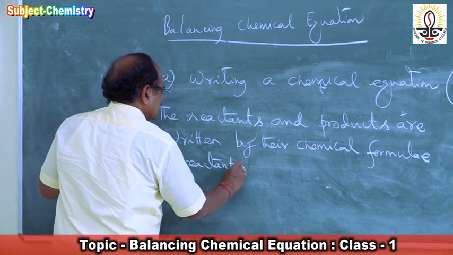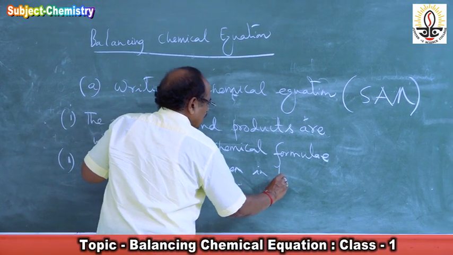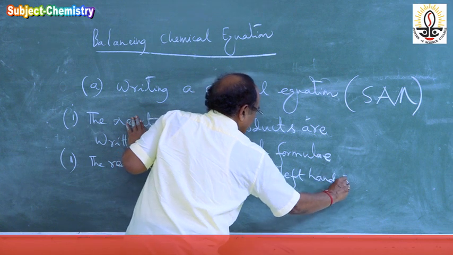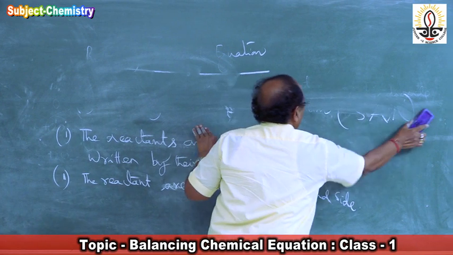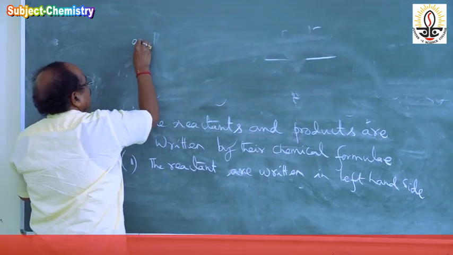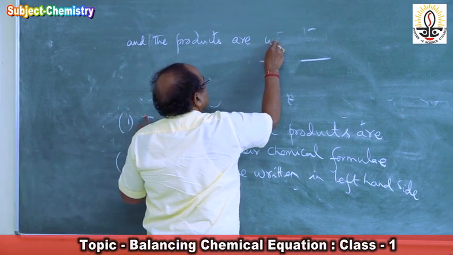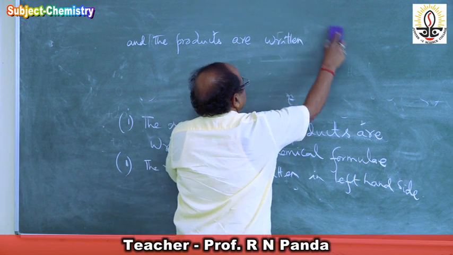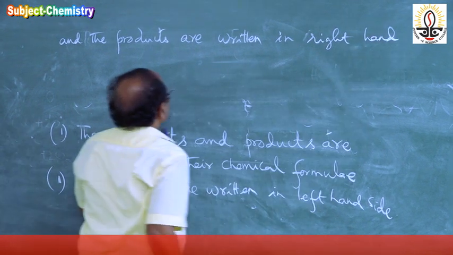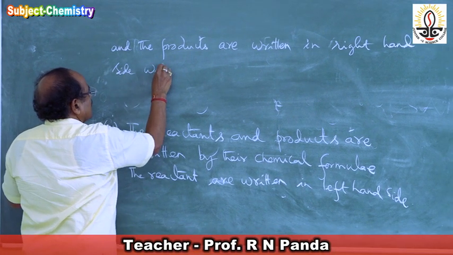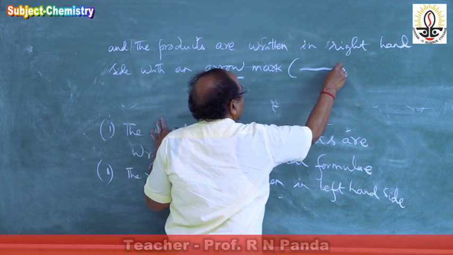Second, the reactants are written on the left hand side, and the products are written on the right hand side with an arrow mark between them.